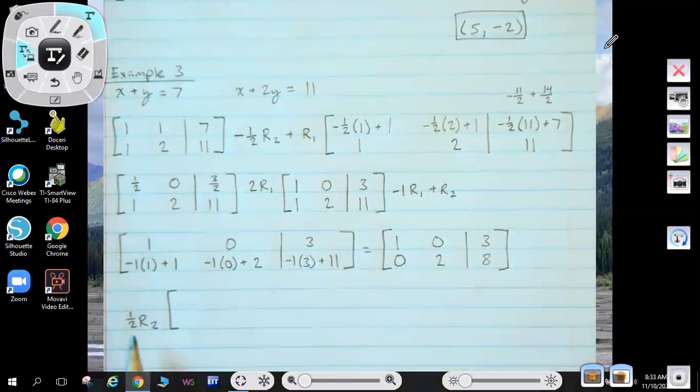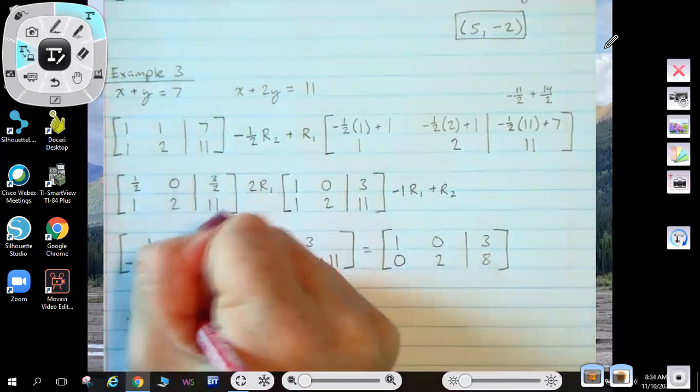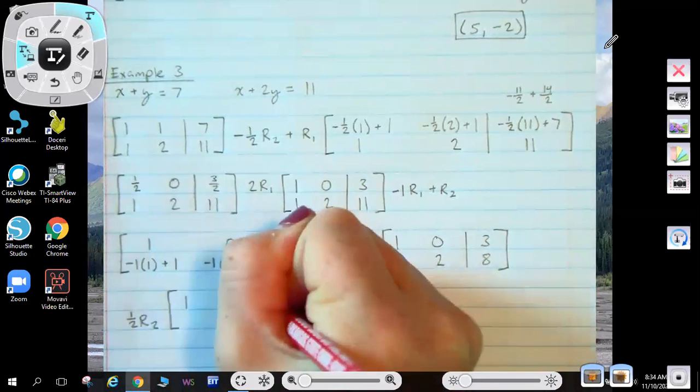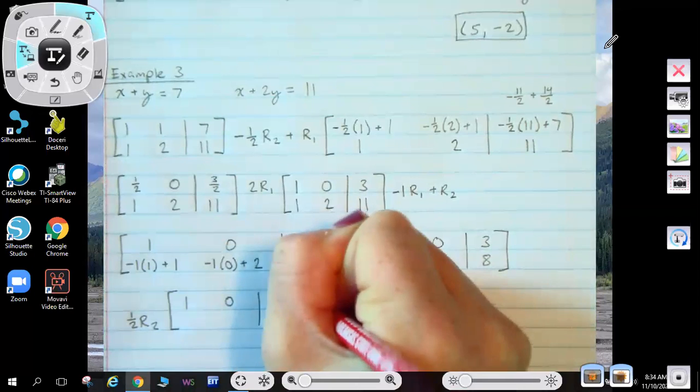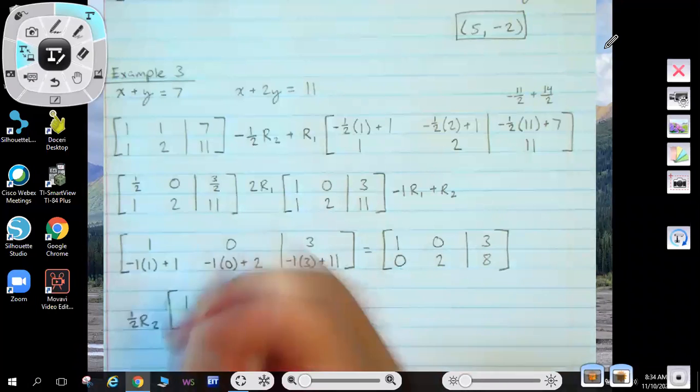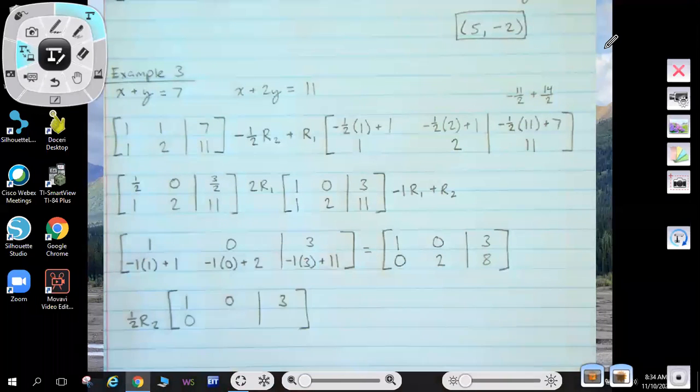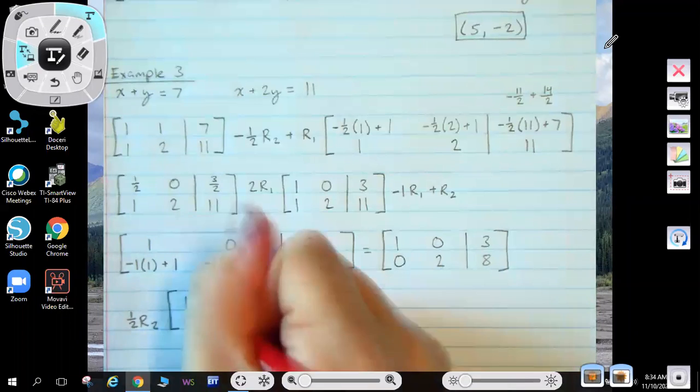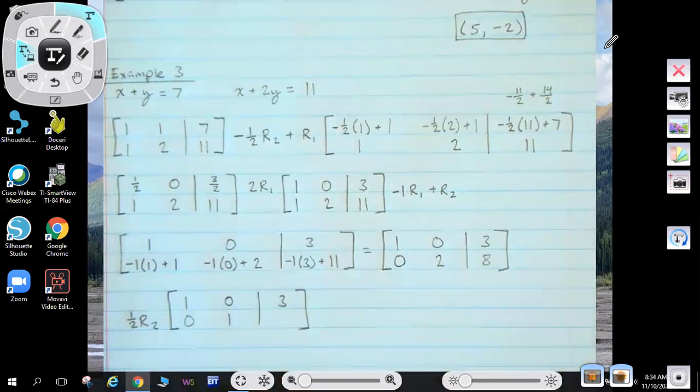This is our next step, 1/2 times row 2, which means row 1 is not changing. It's 1, 0, 3. But we're doing 1/2 times row 2. So 0 times 1/2 is still 0. 2 times 1/2 is 1, which is what we wanted.